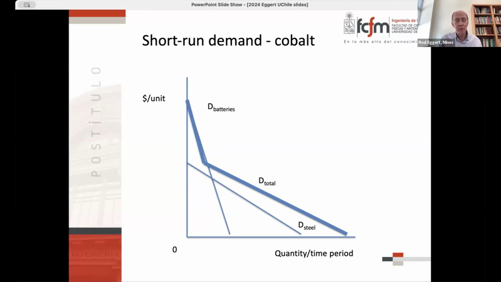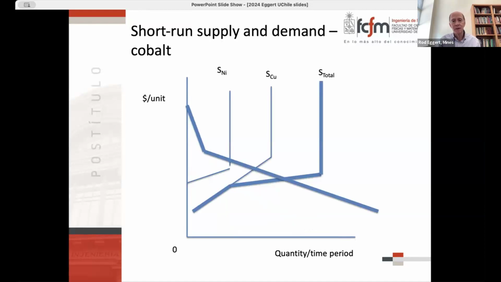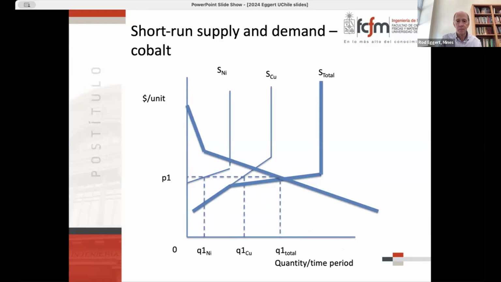Now, what determines the price of cobalt and the quantity of cobalt produced and consumed? Well, it's the intersection of total demand and total supply, which will be something like this. So we have the total supply curve, we have the total demand curve that determines the total price and the total quantity.